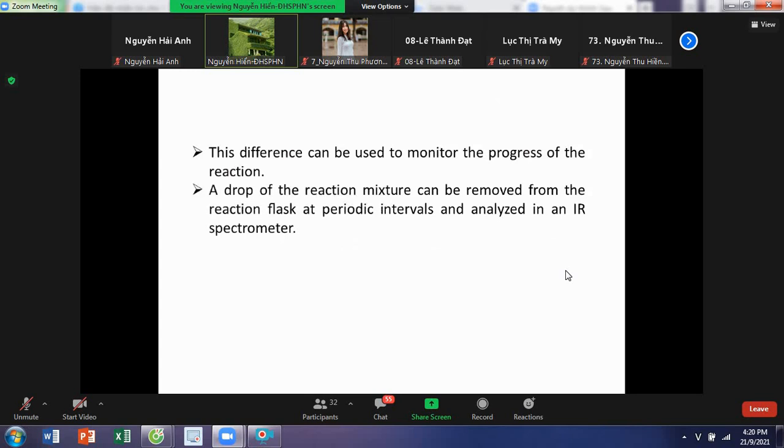So the drop of reactions, as I told you, a drop of the reaction mixture can be removed from the reaction flask at periodic intervals and analyzed in an infrared spectrometer. As the product forms, the signal at 1650 centimeters should disappear.